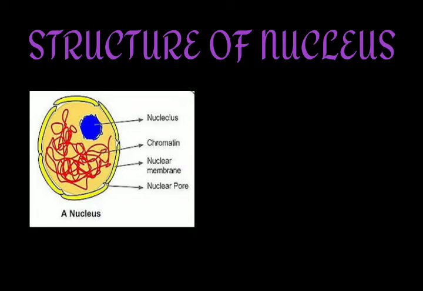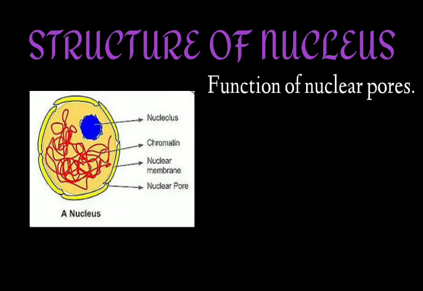And it is not regular, not a proper sphere. It is a discontinuous sphere, meaning wherever this layer breaks, right? These are known as nuclear pores. See in the diagram, nuclear pores.